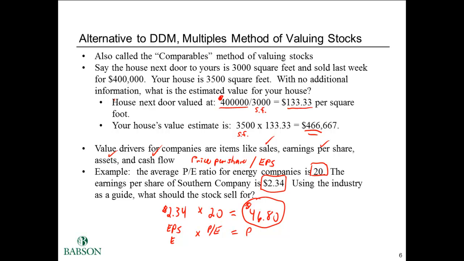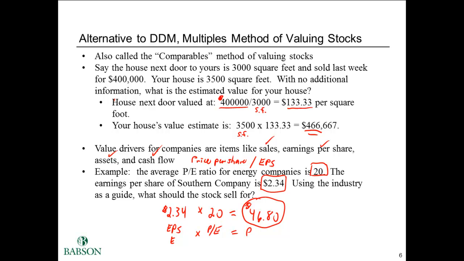And you can see that it's elegant in its simplicity, but it also means that you're valuing a $40 billion company using a very, very simple method. It also assumes that the values for those peers or the industry are right, therefore the value for Southern Company is going to be right.